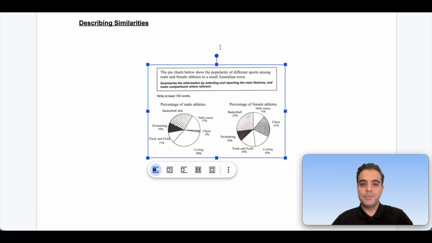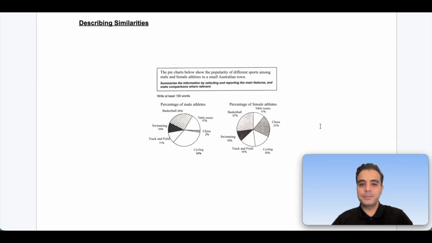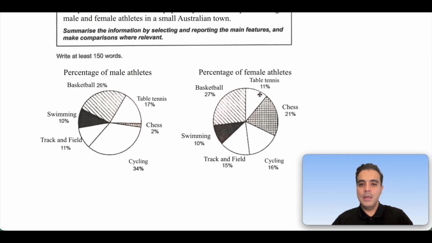For instance, if you look at the percentage of female athletes, you will see that the percentage who played table tennis was almost the same as those who were interested in swimming. So we have 10% for swimming and 11% for table tennis. So they're almost the same.